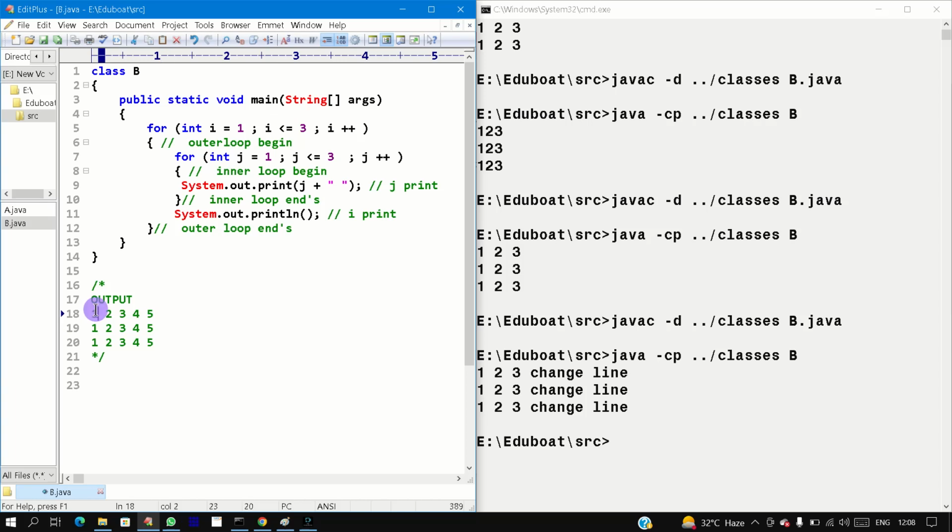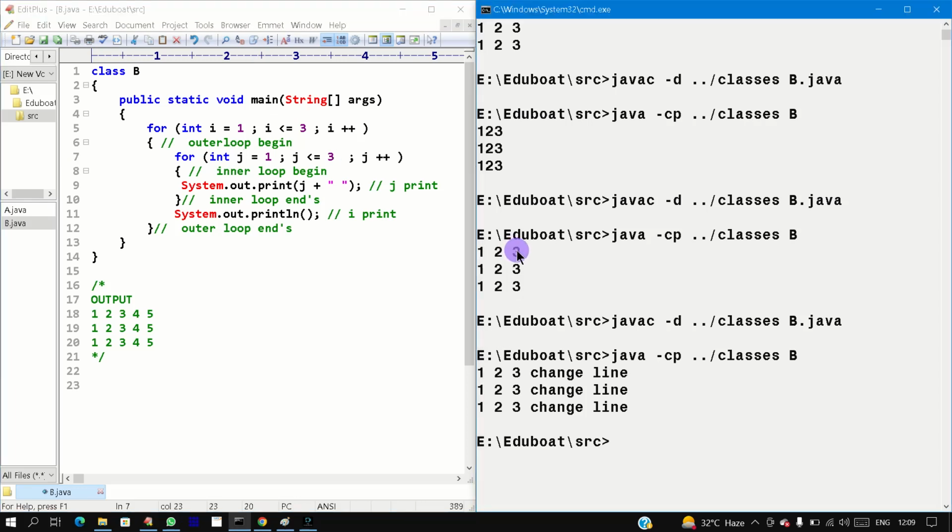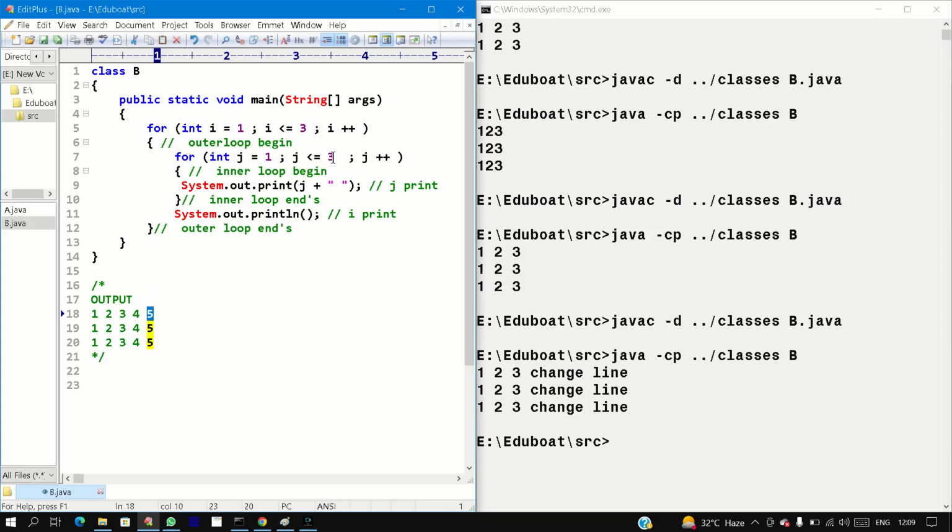In the inner loop, I have written that J starts from 1 and ends at 3, because my previous aim was 3. Now my aim is 5, so let us make it 5. Then only it will run 5 times, isn't it?